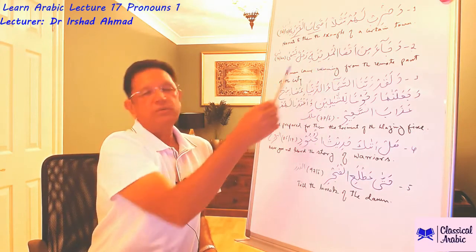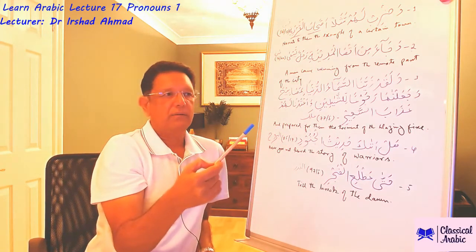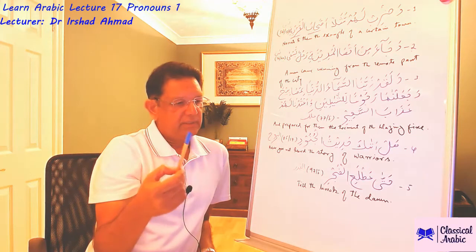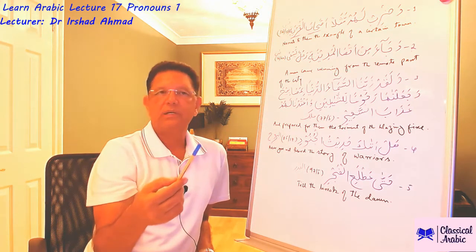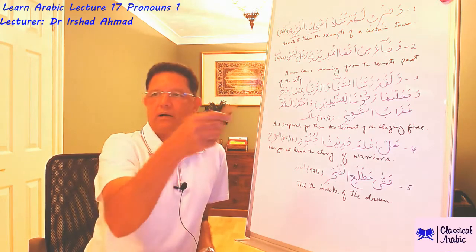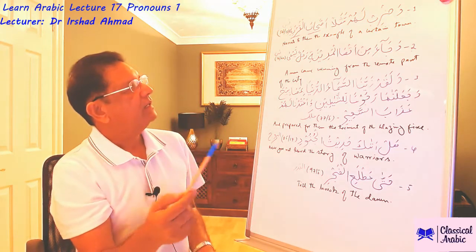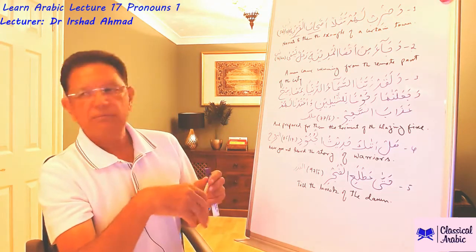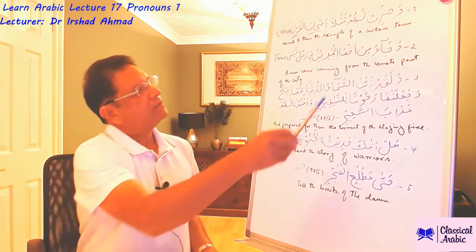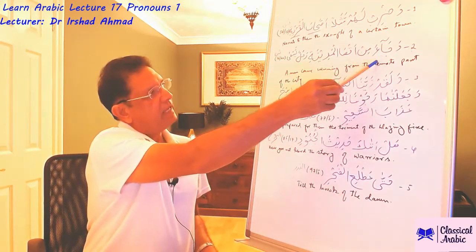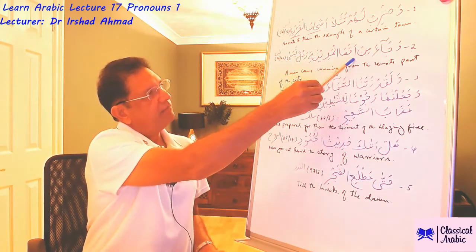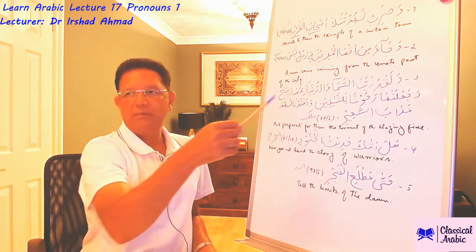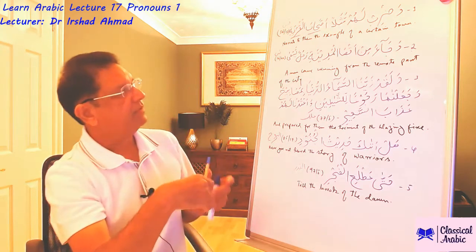Medina is used in Arabic for city. There is a specific city in Saudi Arabia called Medina, Makkah and Medina. We are familiar with that. But generally speaking, Medina means any city. So waja'a, and came, a man running came, min aqsal madinati, from a remote part of the city.